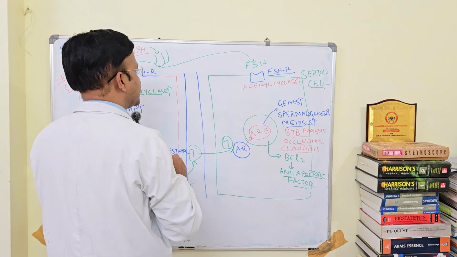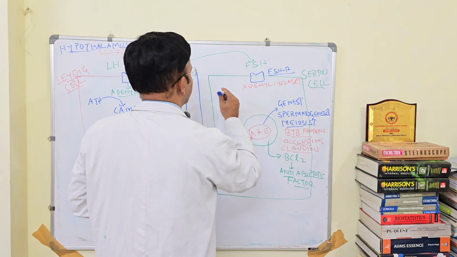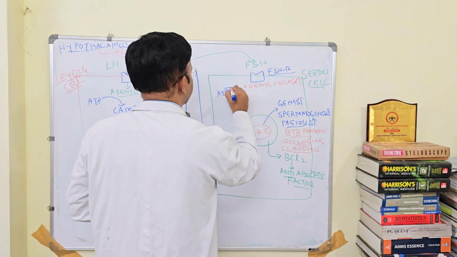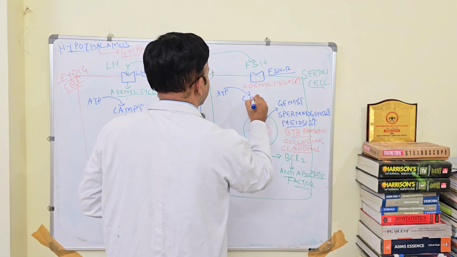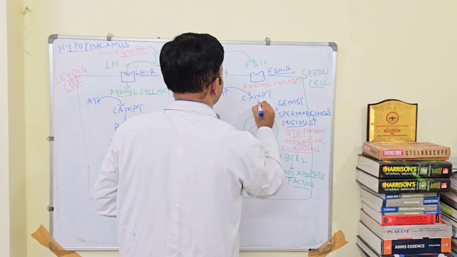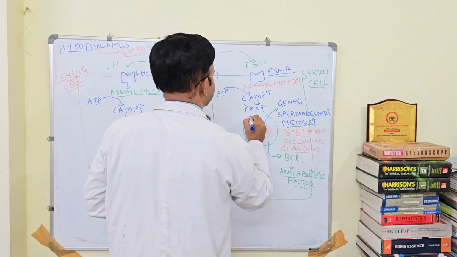Since it has increased the level of adenyl cyclase, what can we expect now? More ATP will get converted to cyclic AMP. If more ATP gets converted to cyclic AMP, the level of PKA is going to increase, right?